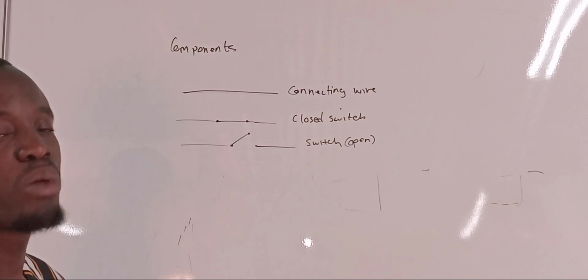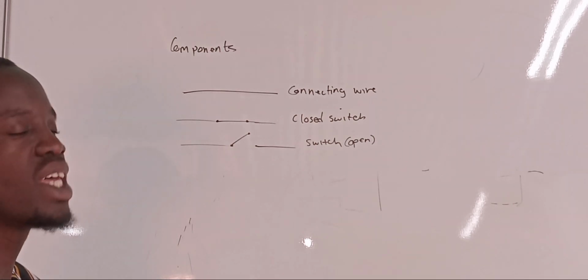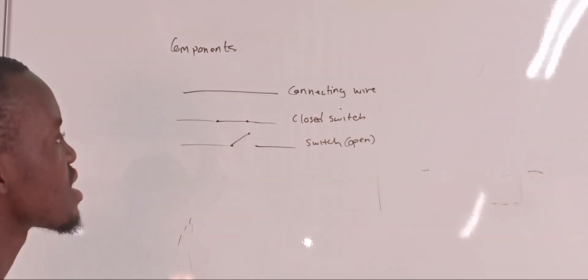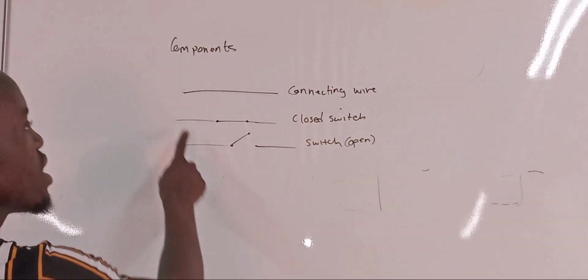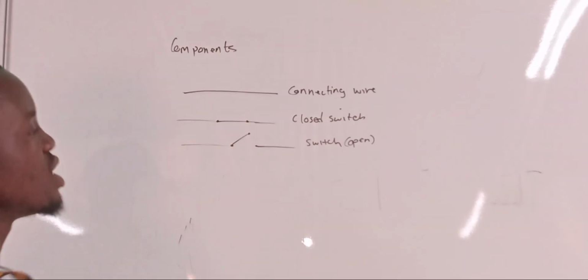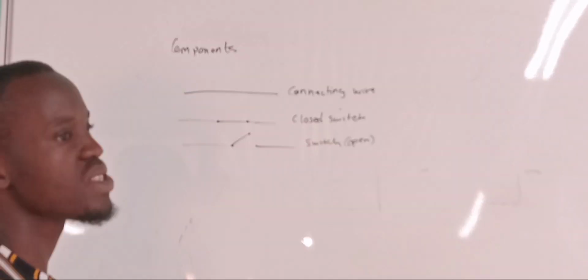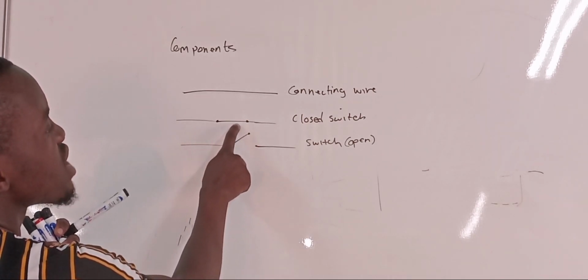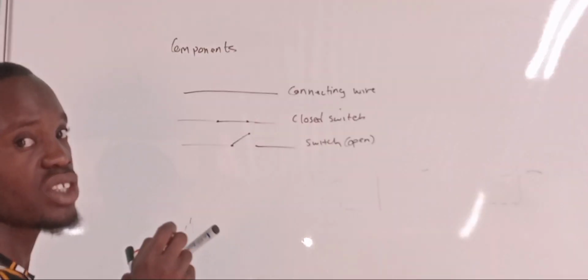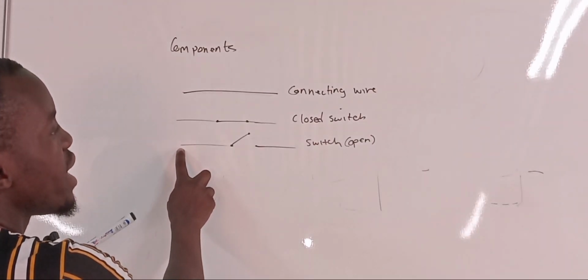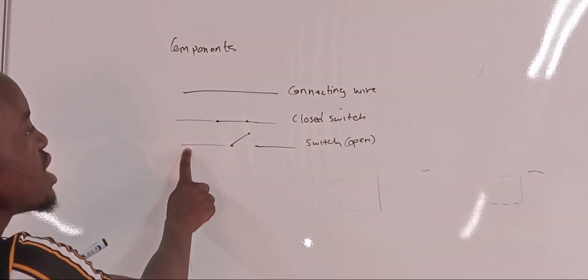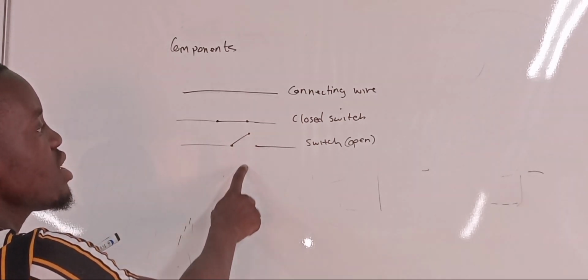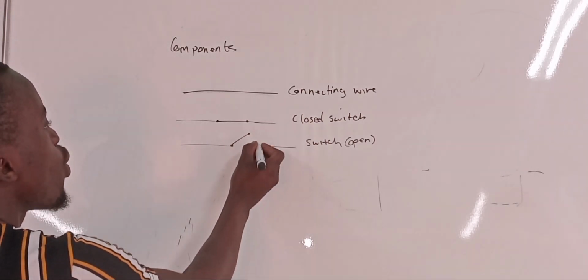And when the switch is open, it means that current is not flowing, meaning there's no electricity, the house is dark, or we are in a dark city. That's very important for you to know. When the switch is closed, there is electricity, because current will flow and continues flowing. When the switch is open, the current flows, but when it gets to this side, it gets wasted or leaks.